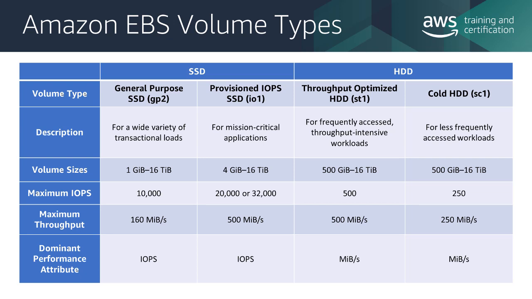Know the different EBS volume types. Now, I'm not going to read through the grid. You can pause this video here and look through all the different points, but understand about the general purpose drives, the GP2 on SSD. This is the most common drive that's used. Know right now where the caps are, the amount of I/O per second that can happen with this drive.